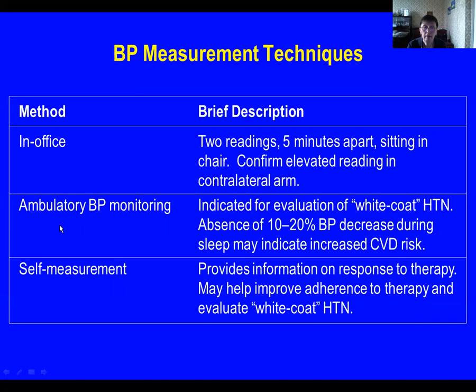Then, if we have some doubts about the diagnosis of hypertension, we can use ambulatory BP monitoring.